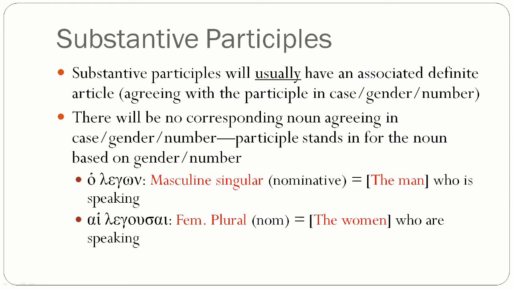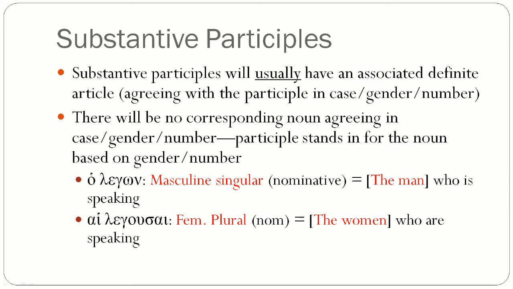You will usually have only the article and the participle. And if you see that construction, then start to think that this is a substantive participle. In this case, the participle will stand in for that noun. The way that you get what the noun is is based on the gender and number of the article and the participle. I've given you a couple of examples here.